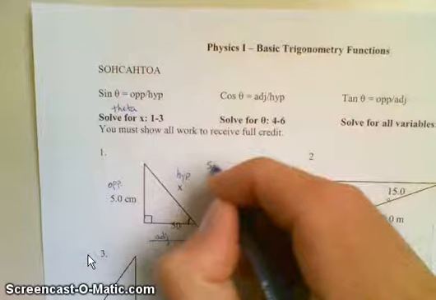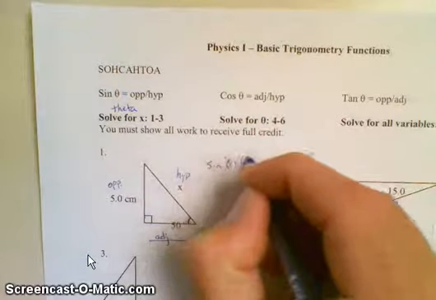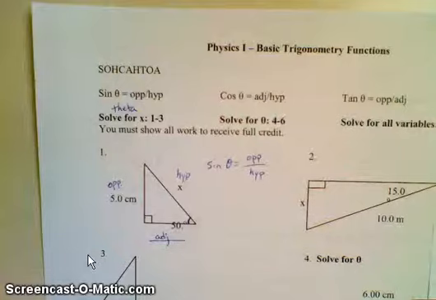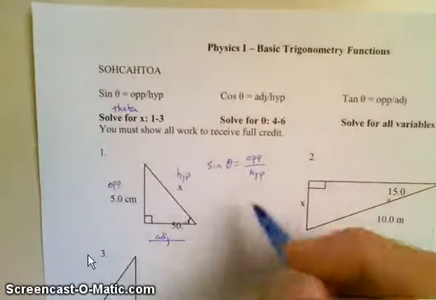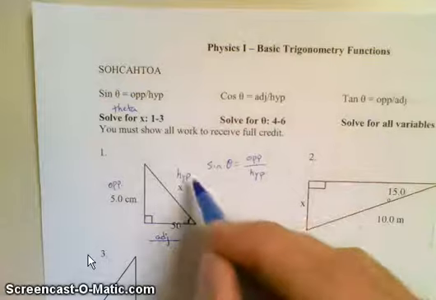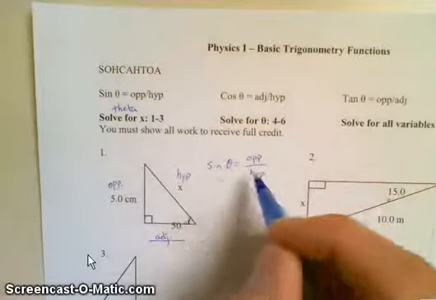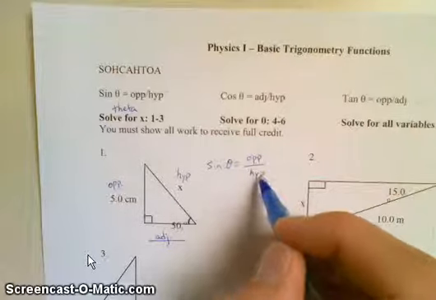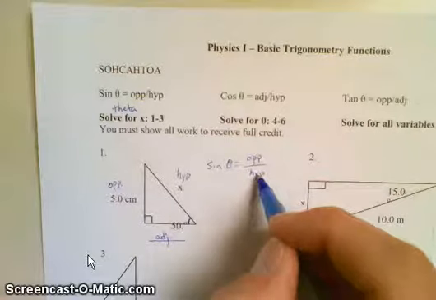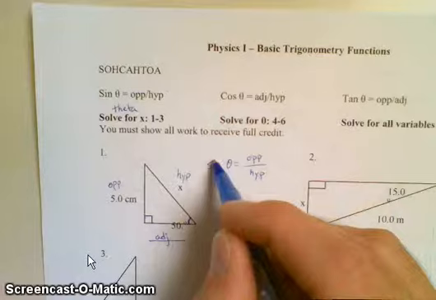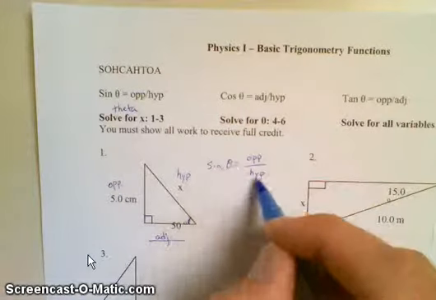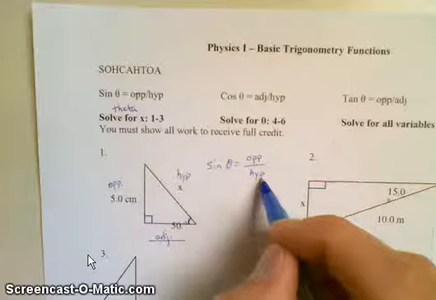So I'm going to start off with my blank equation. Sine of theta is equal to the opposite divided by the hypotenuse. I then can substitute or solve at this point. In this case, I'm going to solve because I'm solving for my hypotenuse, so I'm going to solve this equation for hypotenuse. It's very similar to the algebra review we just did. If I'm solving for hypotenuse, which is x down here, I'm going to move it across the equal sign on a diagonal and move sine of theta across the equal sign down across the diagonal there.